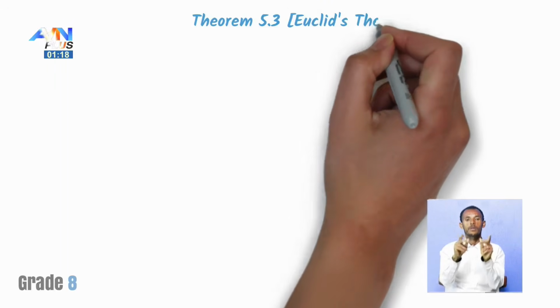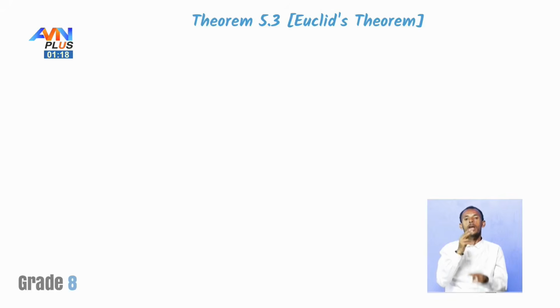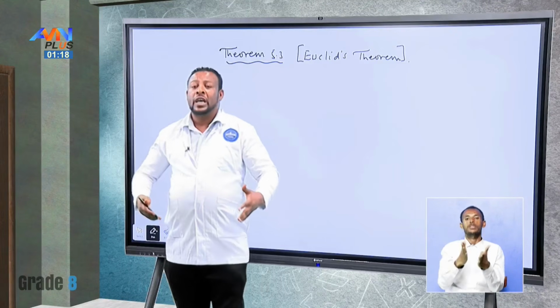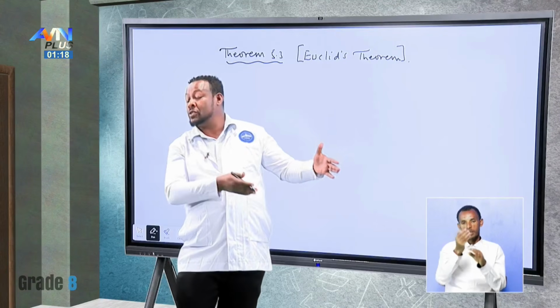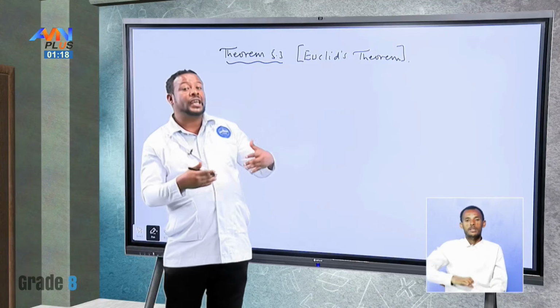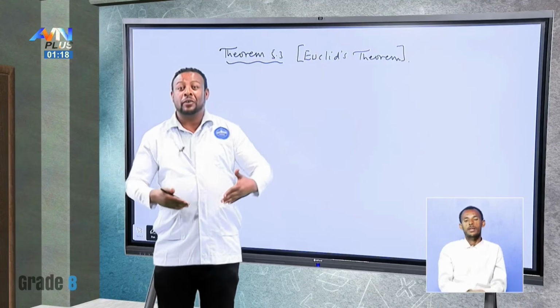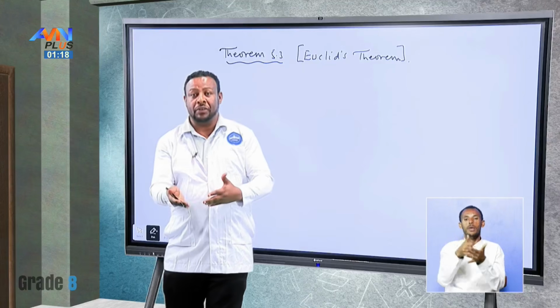Euclid is the name of a person. This person is a mathematician who lived 365 years before the birth of Christ. And this person is believed to be the father of geometry. Today we will see his theorem and how it can be proved, right?